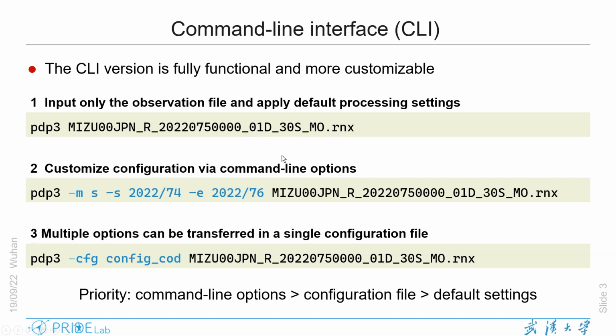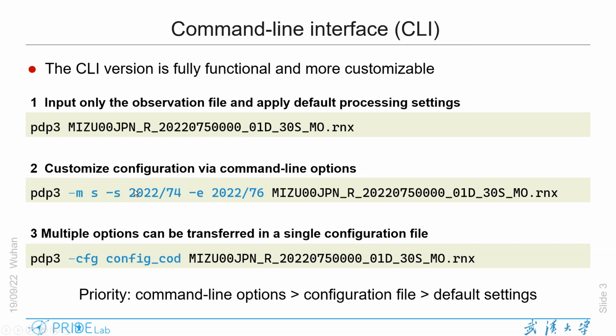And if you need to customize the processing mode instead of applying the default setting, you can refer to the help information and input the corresponding options and arguments. In the second command line, the option M is used to specify the positioning mode, and the argument S following the option is short for static.